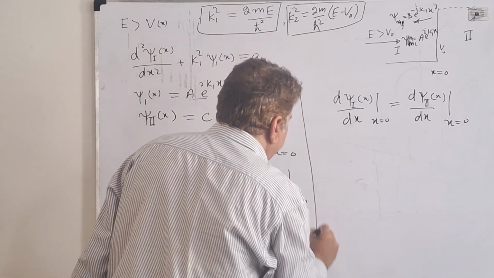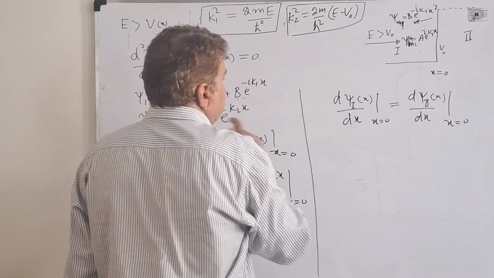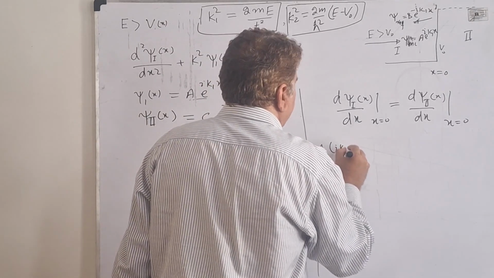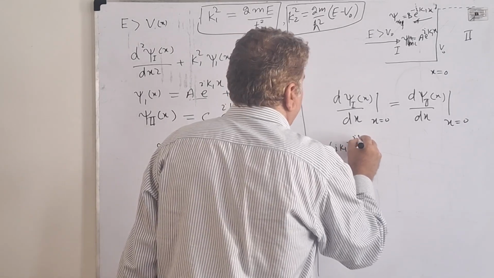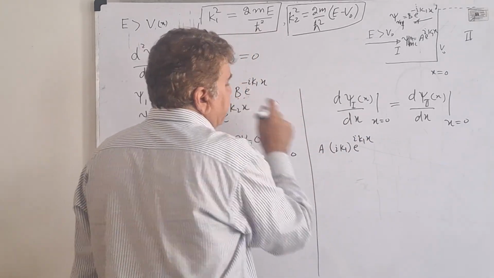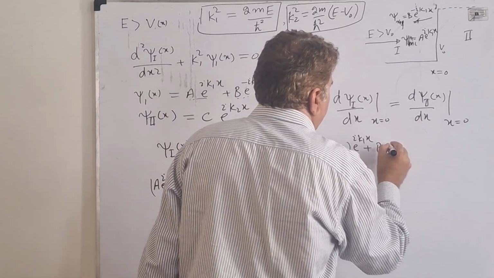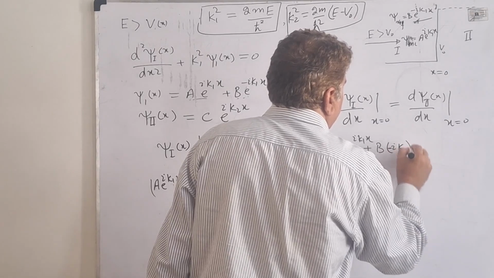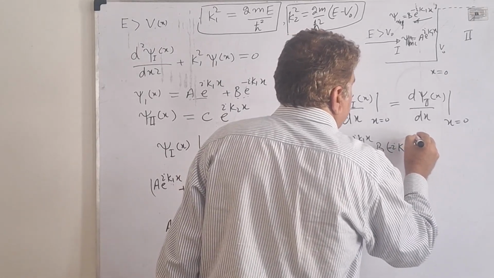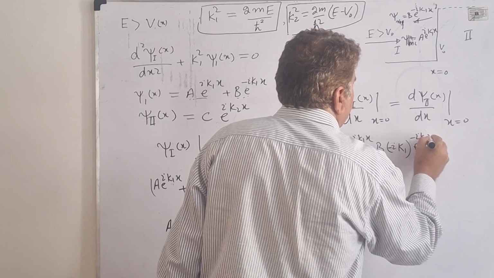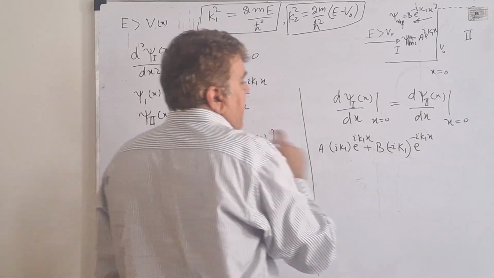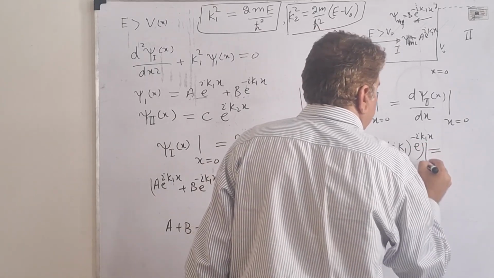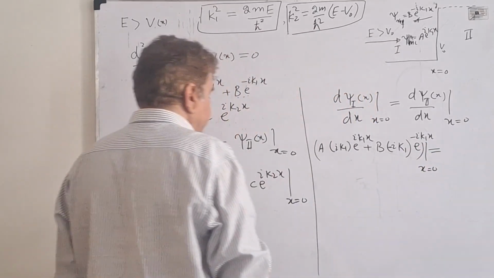So the derivative of this gives me A times i k1 into exponent i k1 x, and the derivative of this gives me B times minus i k1 into exponent minus i k1 x, and the whole of this is at the boundary x equals 0.